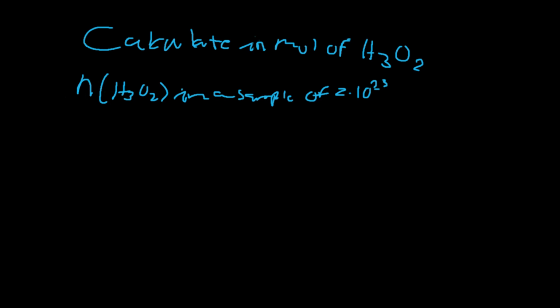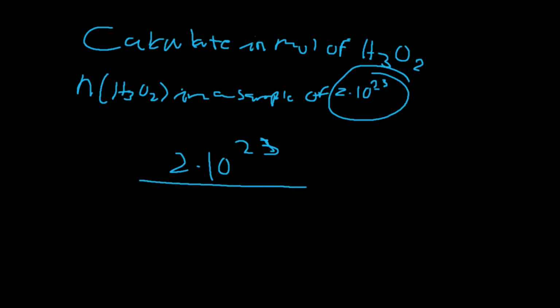And when we're doing these questions, what we're first going to do is have the number of particles on top. So this number of particles, which is 2 times 10 to the 23, is going to be at the top. Number 1, we got that good part. Over that, we're going to have Avogadro's constant, 6.022 times 10 to the 23 mol negative 1.